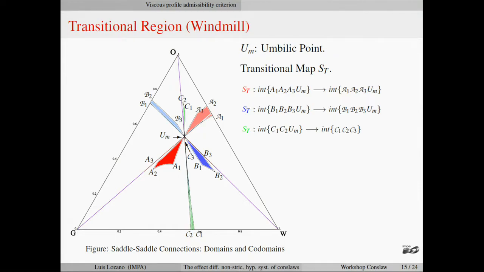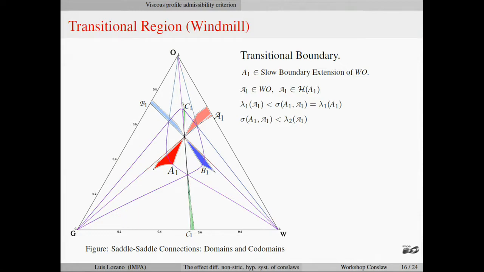I want to clarify that the green region does not touch the umbilic point. The reason is that the umbilic point is in the second region of the Schaeffer-Shearer classification.